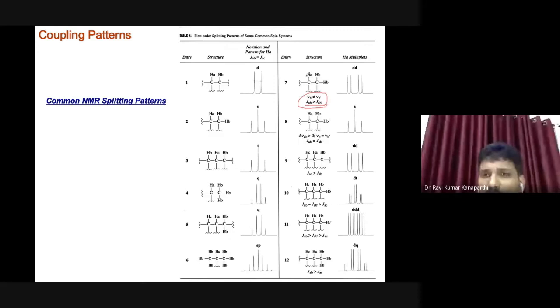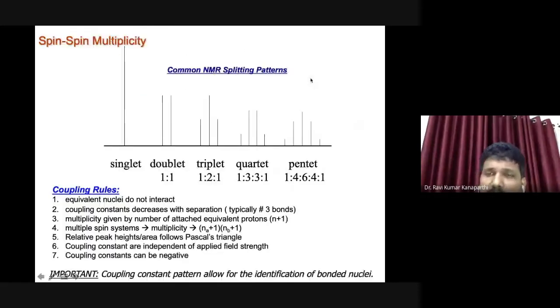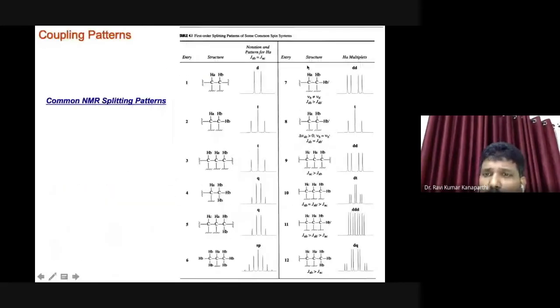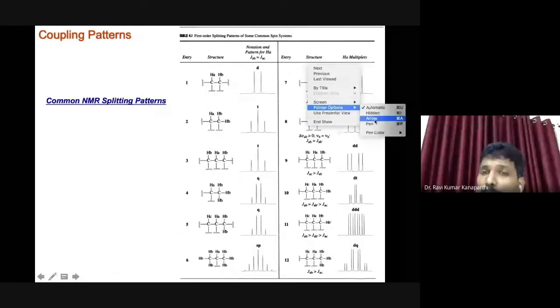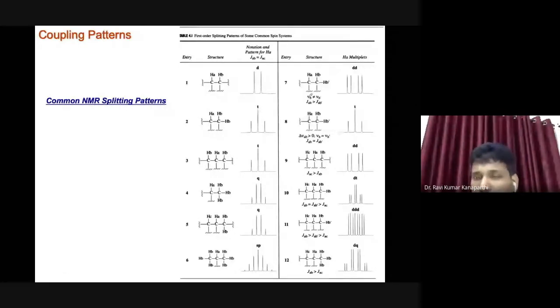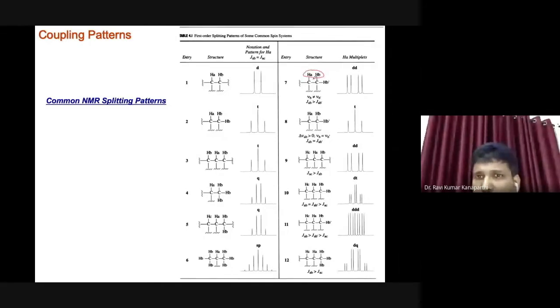If the JAB interaction is more, in this case this will be a doublet. You have one nucleus, and on the adjacent nucleus you have another two nuclei. It's not one nucleus, but both are different. So when these two interact, you get one doublet. It is the n plus one rule. Similarly, when this and this interact, you will get another doublet.